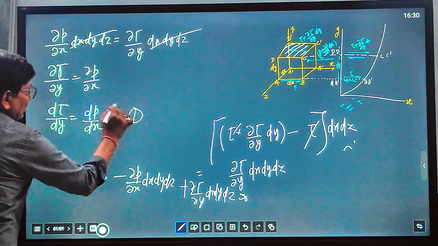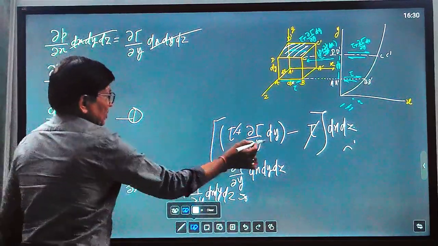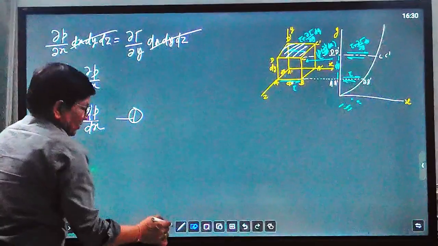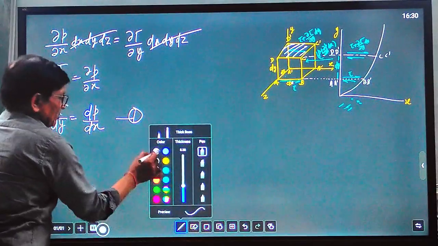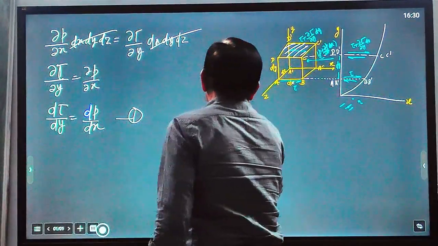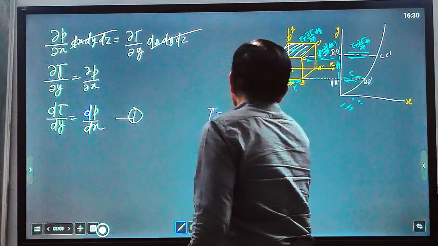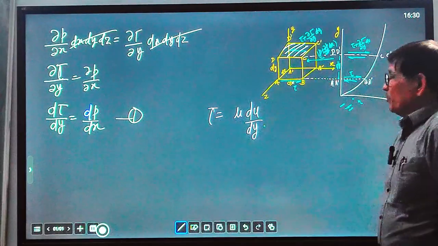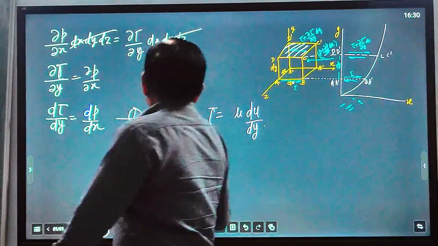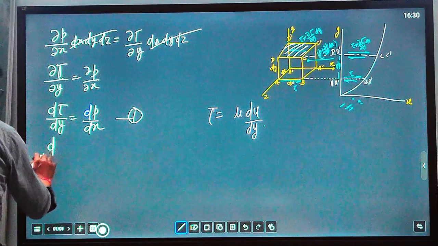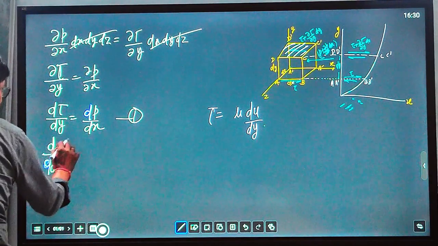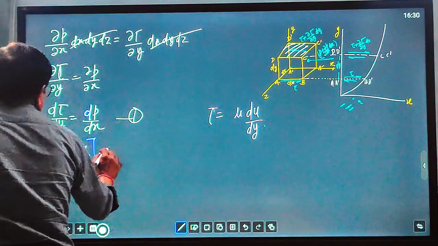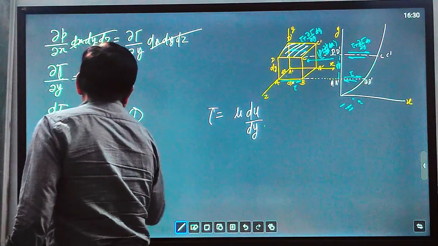This is equation number 1. Now we take from Newton's law of viscosity. Remember Newton's law of viscosity: what is Newton's law of viscosity? Tau equal to mu du over dy. So putting the value of tau in equation number 1, d over dy of mu du over dy equal to dp over dx.